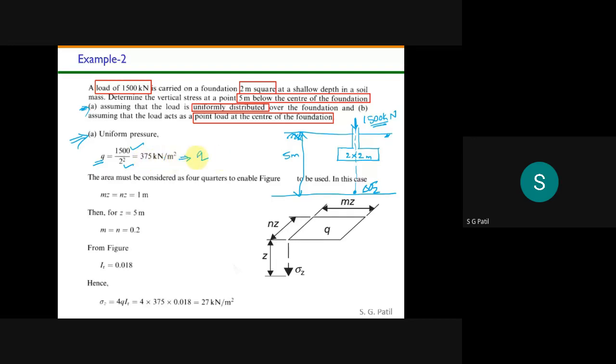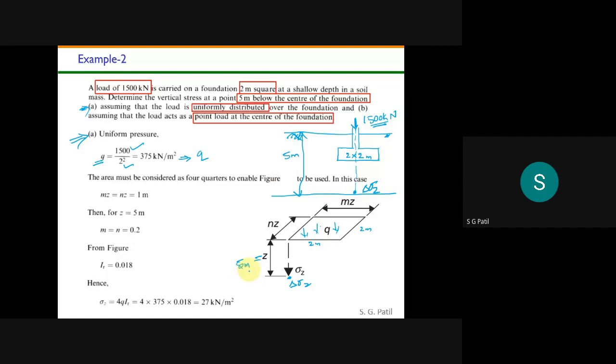Once I got the q value, now they are asking you to find, suppose this is 2 meter and this is 2 meter. And what is the intensity of load now? Intensity of load is 375 kilonewton per meter square. Now they are asking you to find delta sigma z at a point here at a depth of 5 meter.